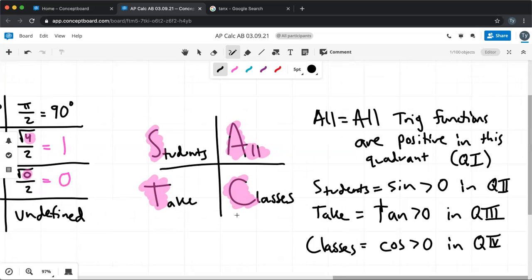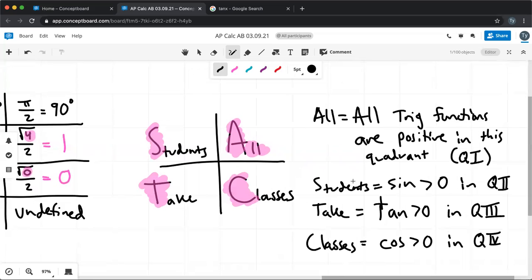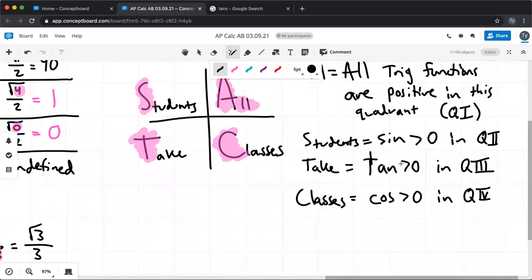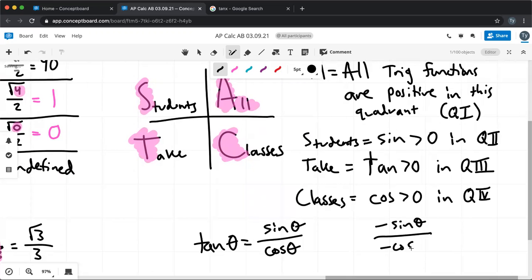Quadrant 4. Okay, there's one more thing you need to know here. Because we know that tangent theta is sine theta over cosine theta, if we know that tangent is positive in quadrant 3, then we either have that sine and cosine are both positive, or sine and cosine are both negative, and the negatives cancel out to give us positive tangent.